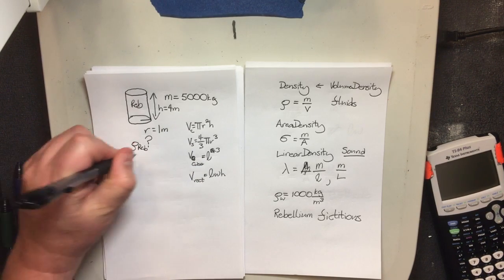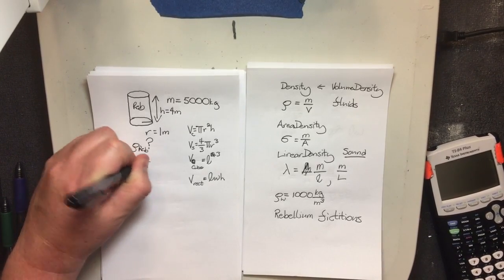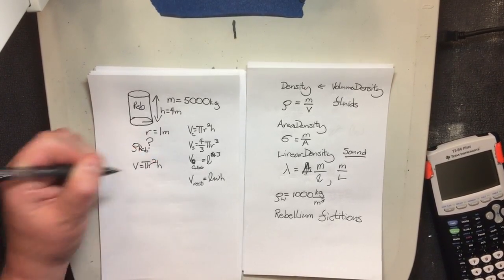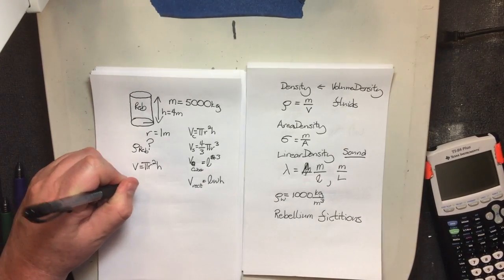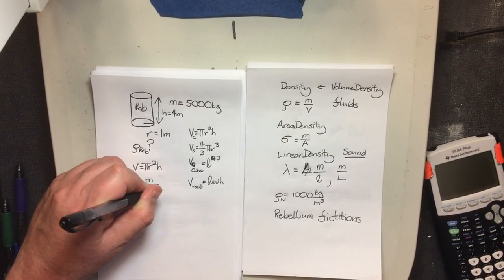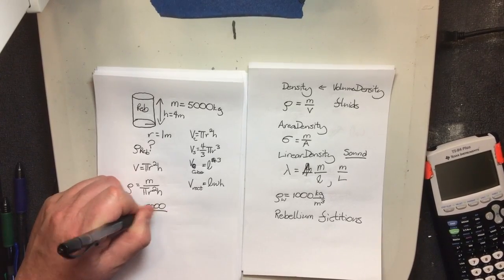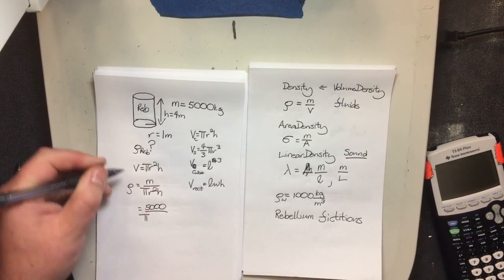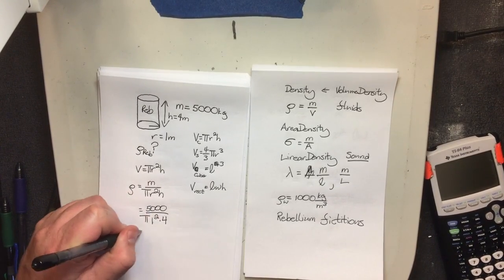So the volume of rebellium, since it is a cylinder, is pi r squared h. So the density is mass over pi r squared h, or 5,000 times pi 1 squared times 4.